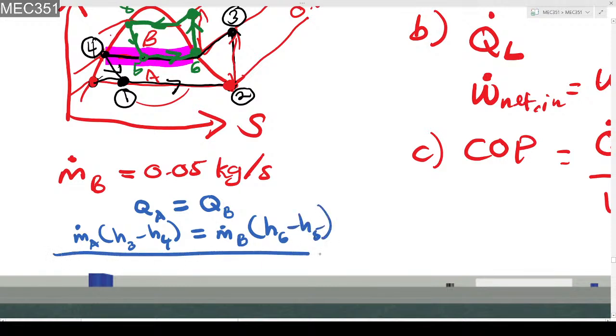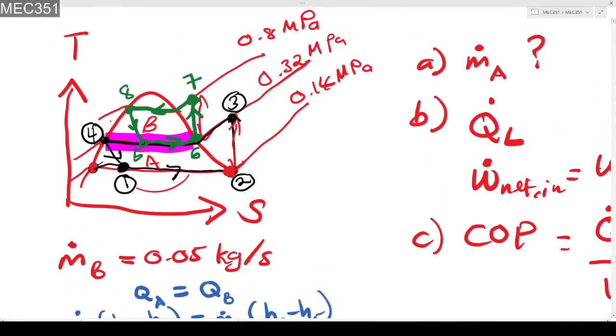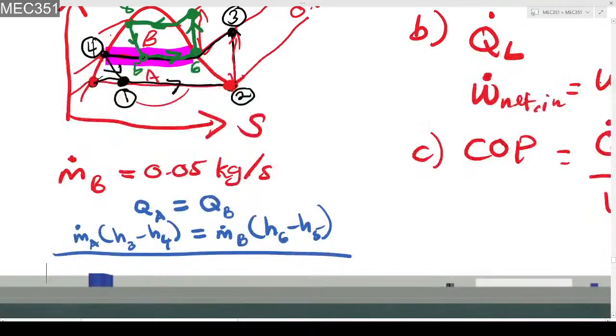This is the equation for the heat transfer between A and B. Just highlight this equation, make sure you do not forget.